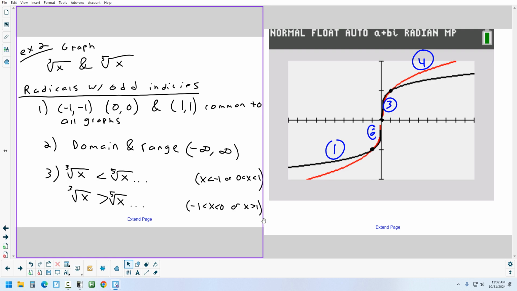One other thing we always do when we graph functions is we do what to them? Instead of just keeping them the base function, a lot of times we take them and we do something graphical to them. We did it with polynomials, we did it with rationals, and now we're going to do it with radicals.